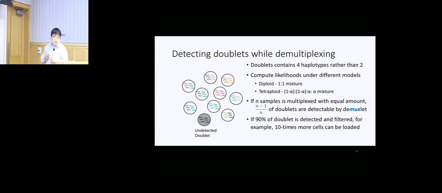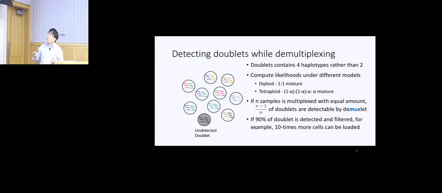So a more challenging problem is detecting doublets. When you detect doublets, the nature of the problem becomes: there are 2 different cells coming from 2 different individuals. Basically, you have 4 haplotypes rather than 2.